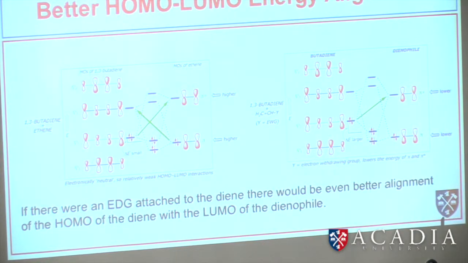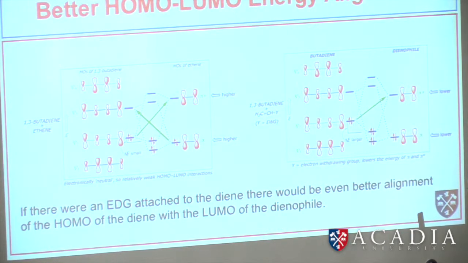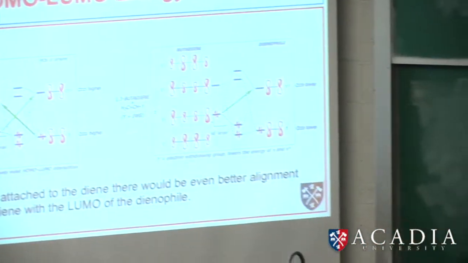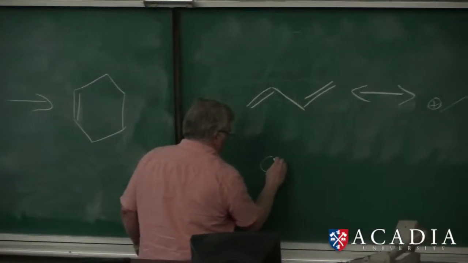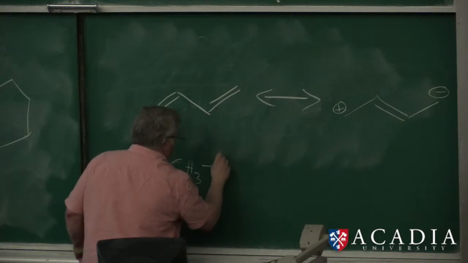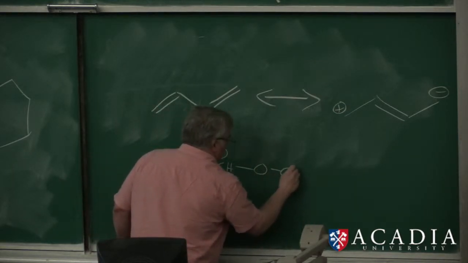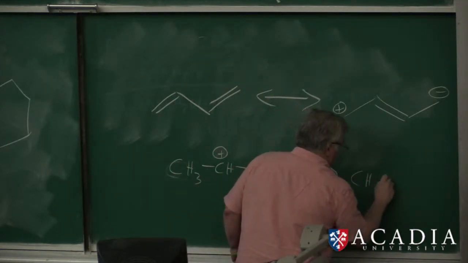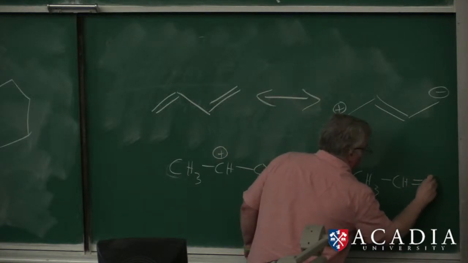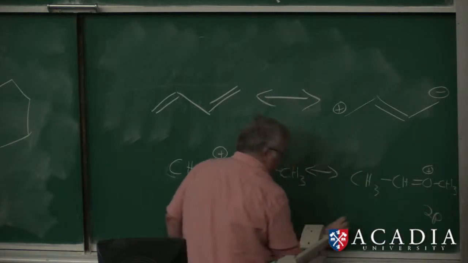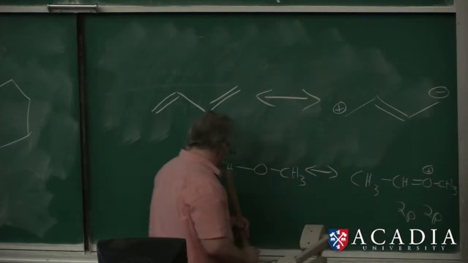Just like when we talk about the reason that carbon and oxygen form nice pi systems, and this is a good resonance structure. When we have something like this, CH3OH plus OCH3, we can draw a resonance structure. And that's because we have 2p overlap.